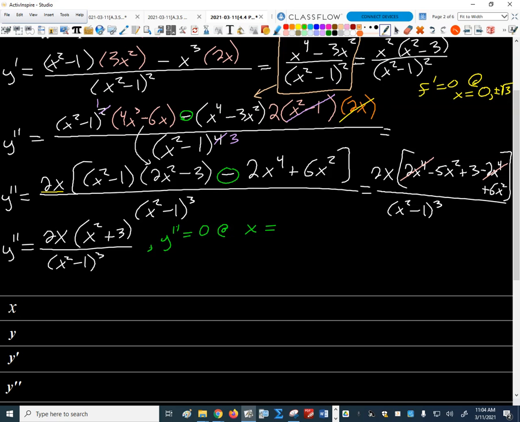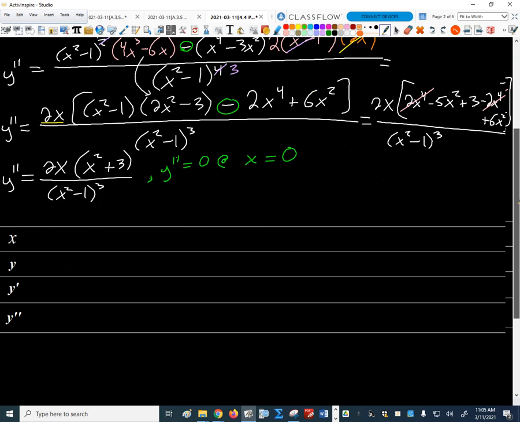Again, where is that second derivative equal to 0? Okay, good, just 0, because x squared plus 3 is not equal to 0 for any real x. There are no real zeros of that factor, right? We're looking for real zeros. So we just get 0.